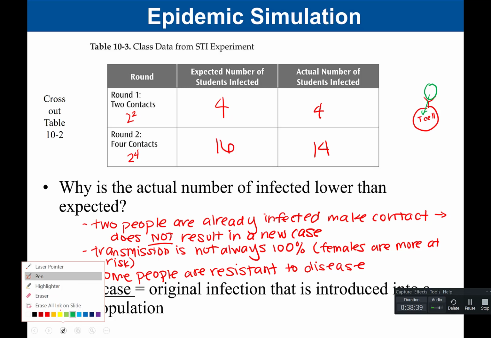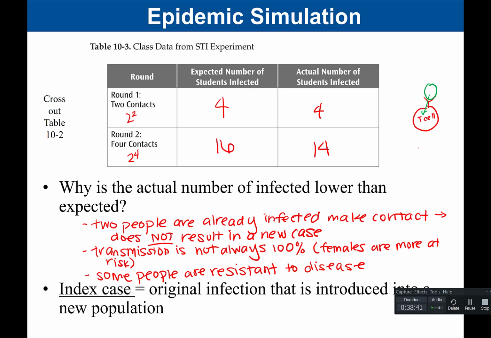The reason for that is that on the surface of their T cells, so here is the T cell of somebody who is resistant, they have inherited a mutation that makes their receptor look different.